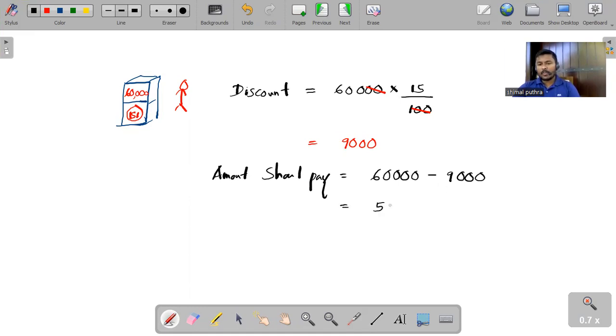The answer is 51,000. This is one method. This is the first method.